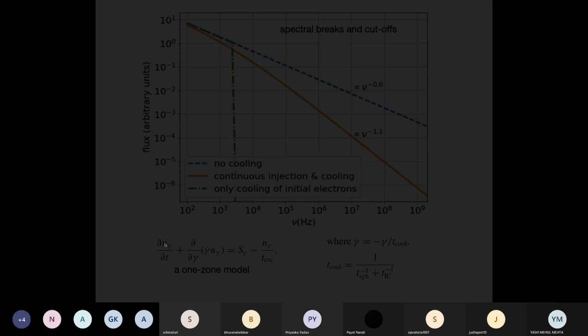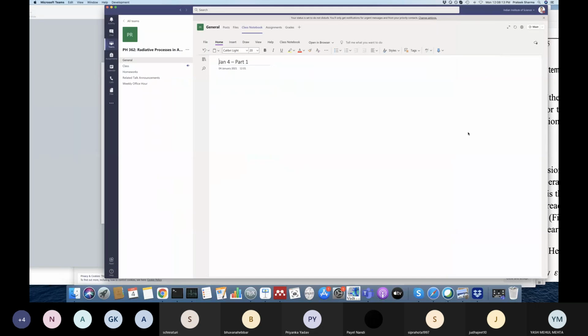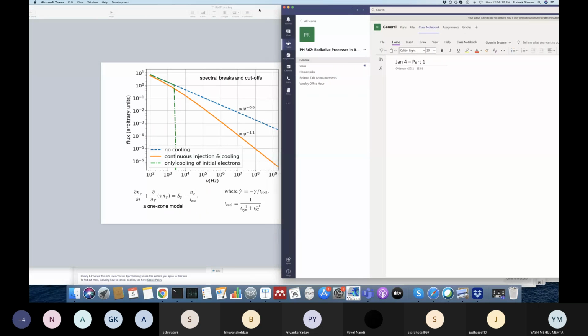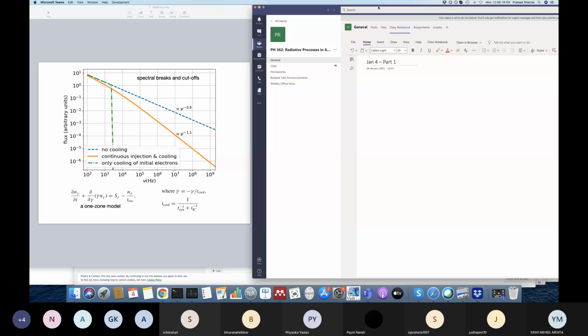Right, so let me just write down. I want you to be able to see both what I'm writing and this screen. So just a sec. So, one zone model for evolution of relativistic electrons.